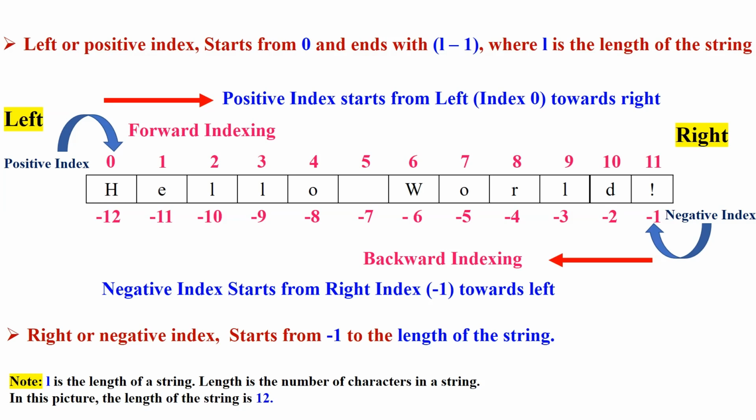Length is the number of characters in a string. In this picture, the length of the string, that is the number of characters in the string, is 12. Remember, positive index starts from left, index 0 towards right, known as forward indexing. Negative index starts from right, index -1 towards left, known as backward indexing.